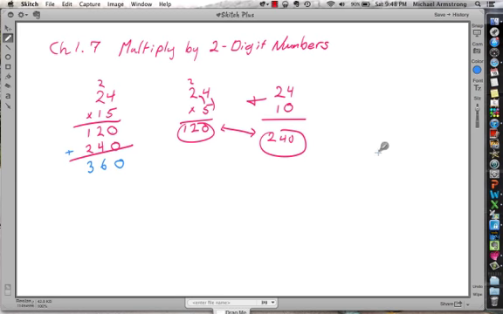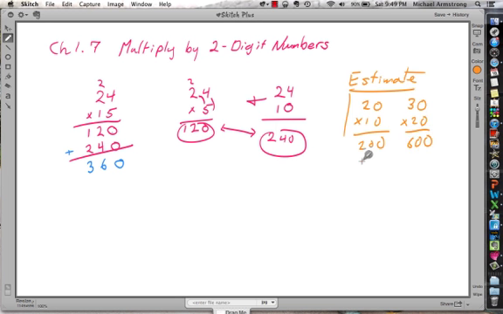Now, we should have estimated before we started. Estimating is important. And how would I estimate? Well, I could just round down, which would be 20 times 10, which is 200, or I could round up 30 times 20, which is 600.